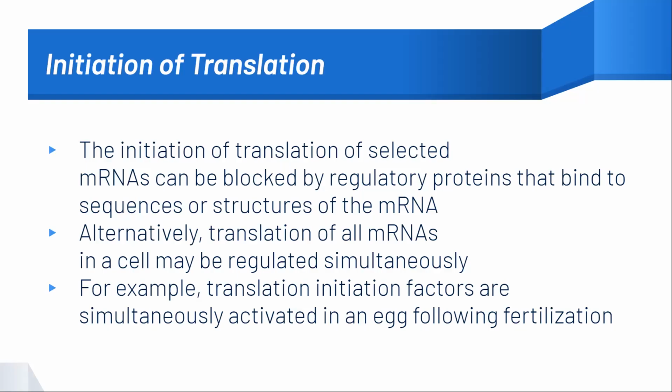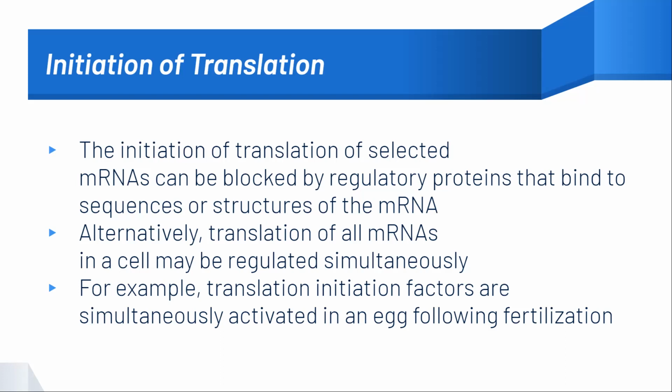Then initiation of translation is, so now we're moving into translation. From transcription to translation, we can also control translation. So we can control the initiation, or the start, of translation. If it starts right away, then you're going to be producing a whole bunch of proteins. But if you block that translation, then you're not going to be making the protein.